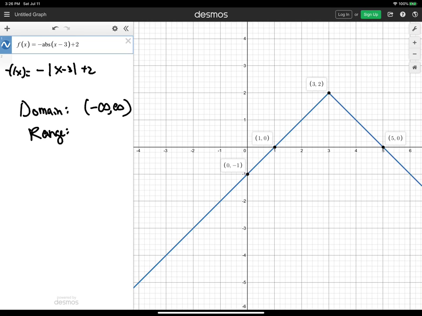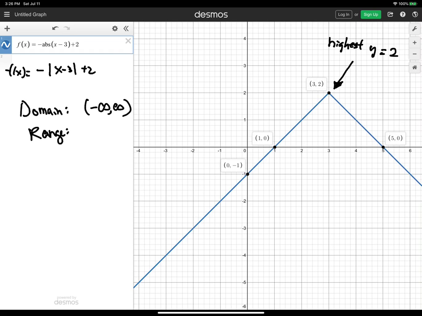Now range. This time, again, we're still going to have a restriction. Notice, the highest point you're going to see is 2. The range is your y value, so your highest y value is 2.